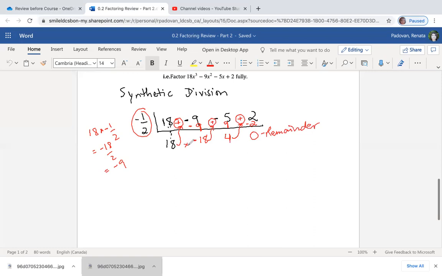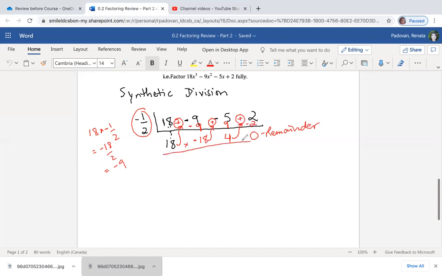So you would think, okay, these are part of my factored answer. But don't forget that this was complex factoring where your A value was 2. So you need to divide by the A value of your factor. So I need to divide by 2. So let's write that down.